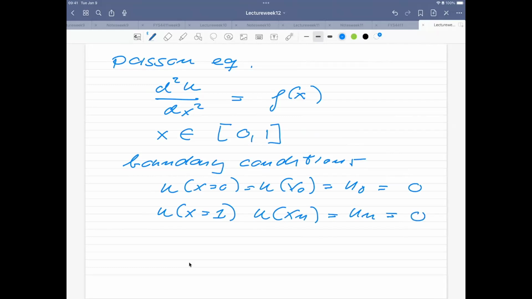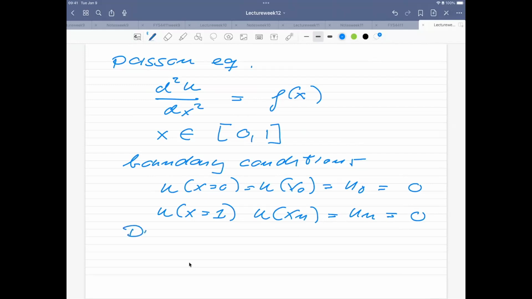This could typically be a problem where you have a spring, which is fastened in both ends, and the spring just oscillates up and down, but it's fastened in both ends. That's a typical problem which you probably have encountered in different physics courses. Actually, Schrödinger's equation for a particle in a box with infinite walls is equal to this equation here in one dimension. So we will always discretize.